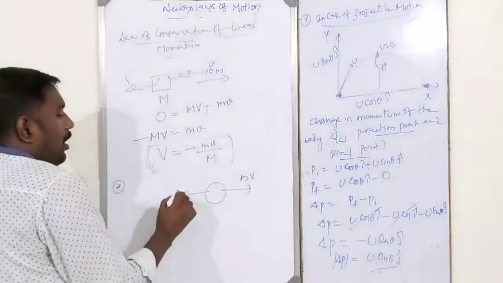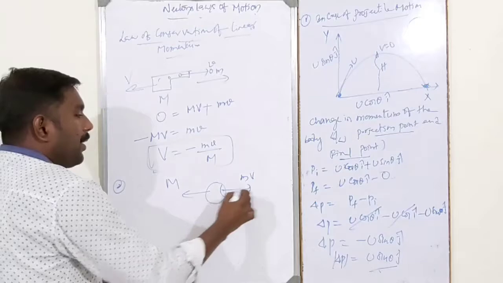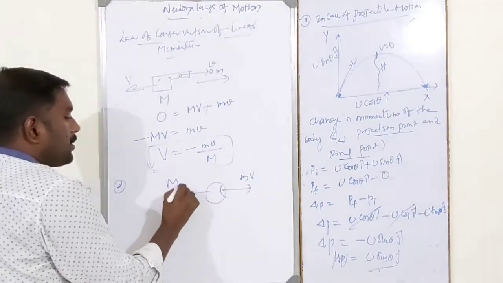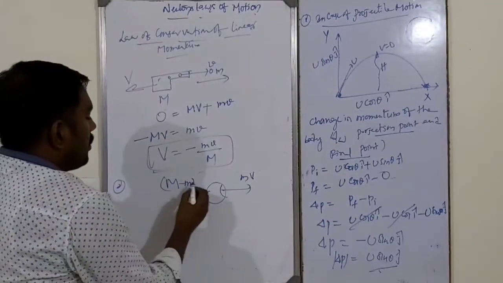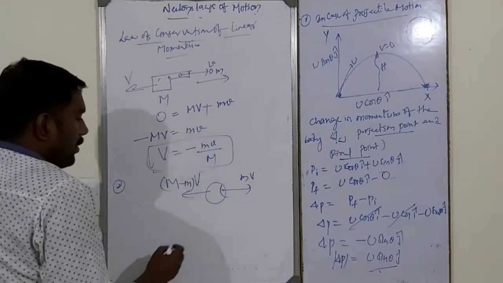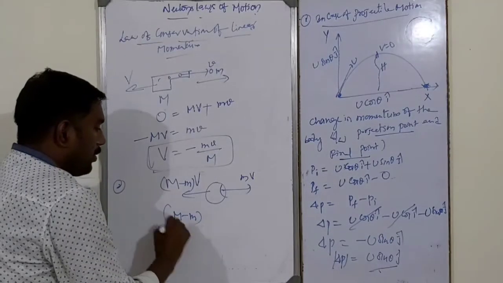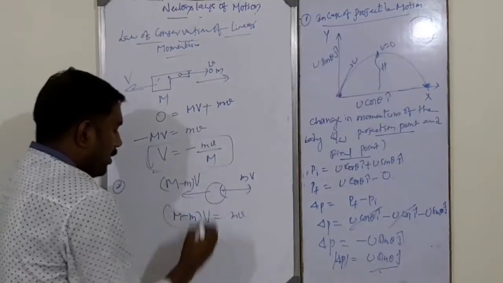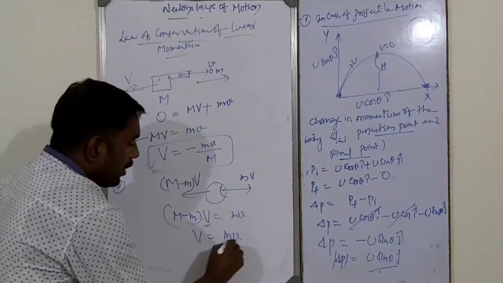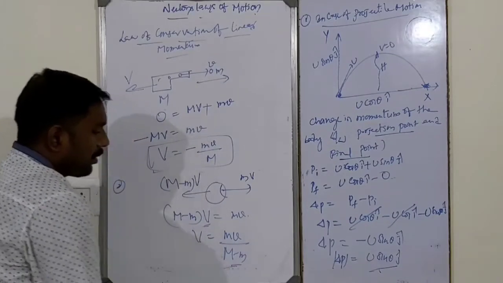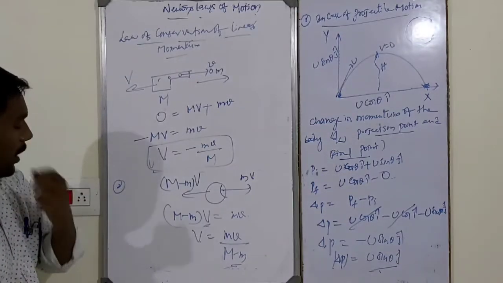The remaining piece of mass M minus m moves with velocity capital V. By the principle of conservation of momentum, M minus small m into capital V is equal to small m into v. So the velocity of the big fragment is mv divided by M minus m. This is the velocity of the big fragment.